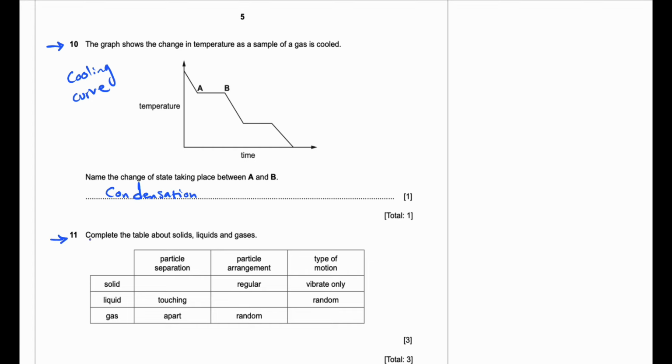Question 11. Complete the table about solids, liquids, and gases. In the solid state, particles are touching one another. In the liquid state, particle arrangement is random. In the gaseous state, the type of motion is random.